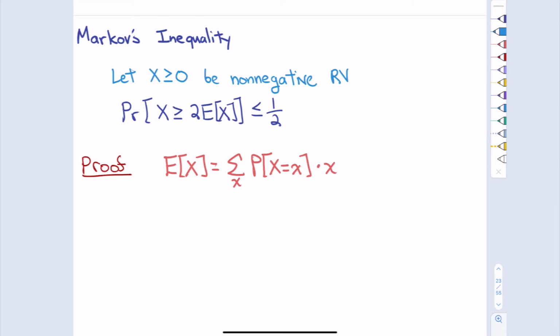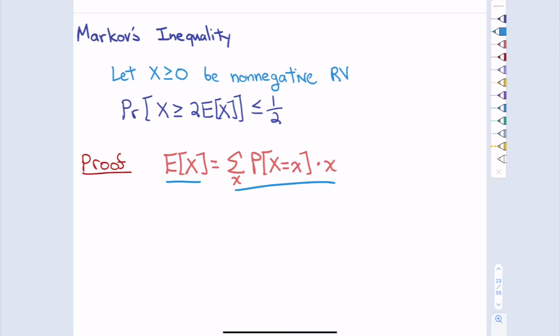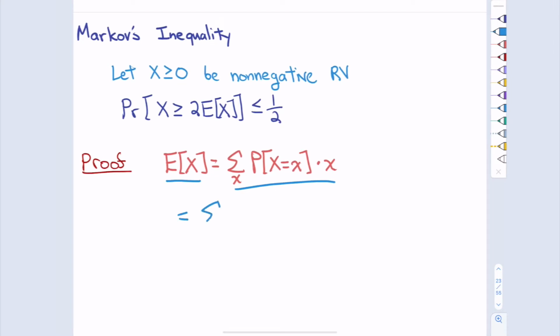So if we start with the expected value of X, which by definition is the sum over all the values times the probability of getting that value, what we can do is restrict the sum to only consider the values that are bigger than twice the average. All I'm doing is dropping off some non-negative terms.